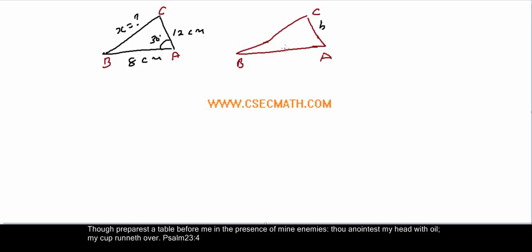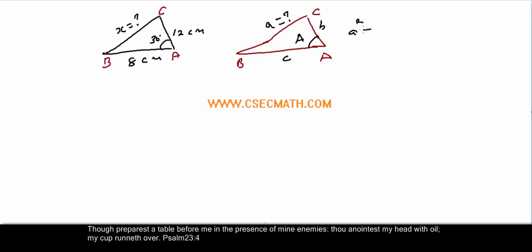So we have a figure like this. This is going to be my B, this is C, and this is A. This angle is given as A, and the expected side is A.